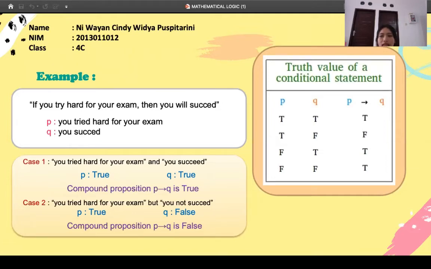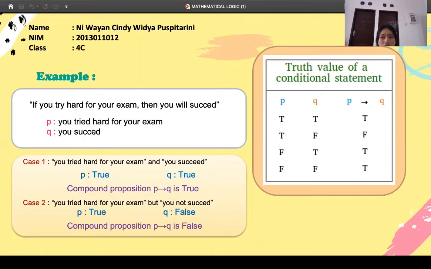Okay, next. This is the example of conditional statement or implication. I have the sentence, if you try hard for your exam, then you will succeed. We know that this sentence is conditional statement from the structure of the sentence.